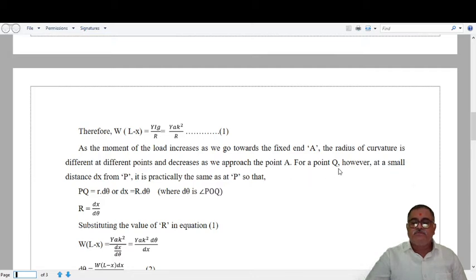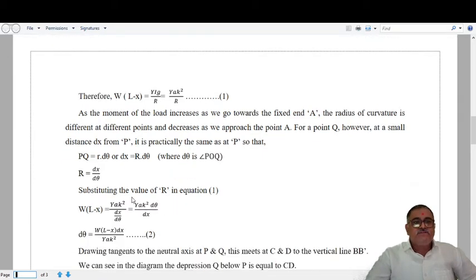For a point Q, however, at a small distance dx from P, it is practically the same as at P because it is a small distance, and therefore PQ equals R into d theta, that is, dx equals R into d theta. d theta is nothing but the angle POQ, and see here, R equals dx by d theta.